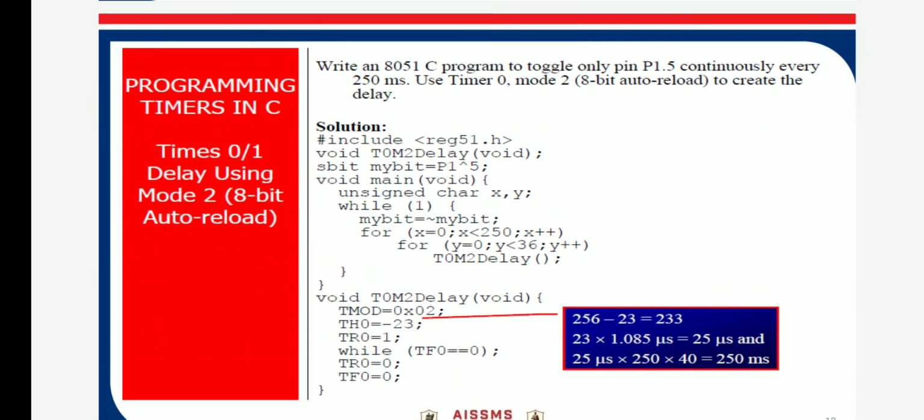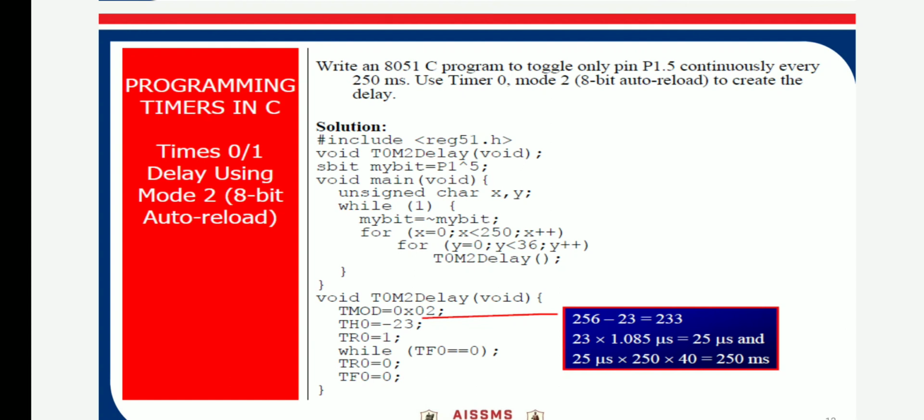Similarly, in this example, we have to calculate the delay generated in 8051 controllers through this program. If we see here, this is the 8-bit auto reload mode using timer 0. So this mode 2 is the 8-bit mode, so it can maximally count 2 raised to 8, that is 256.